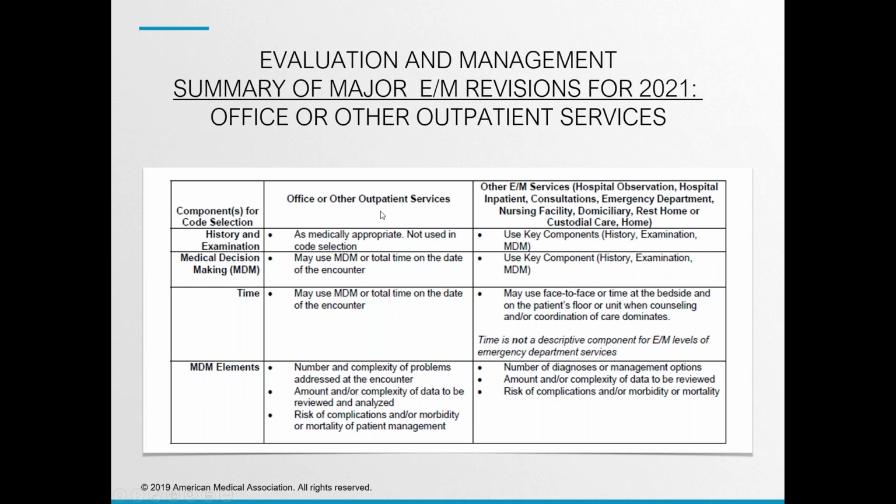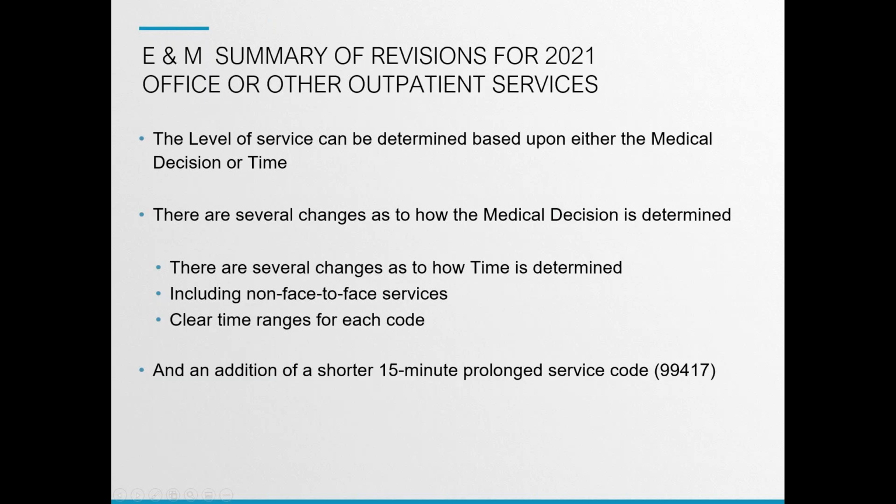When it comes to the outpatient, your office visit services, we can now choose our medical decision-making or time to determine that level of service. Okay, so that's the big change.